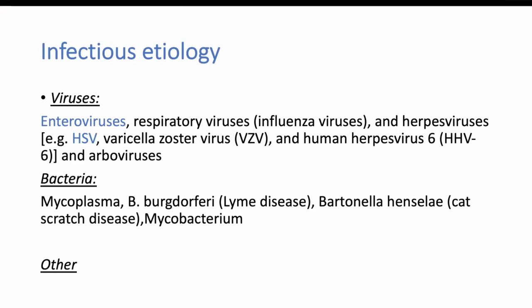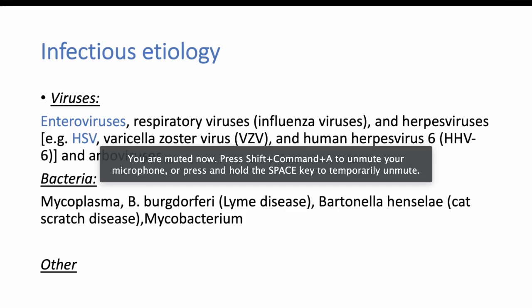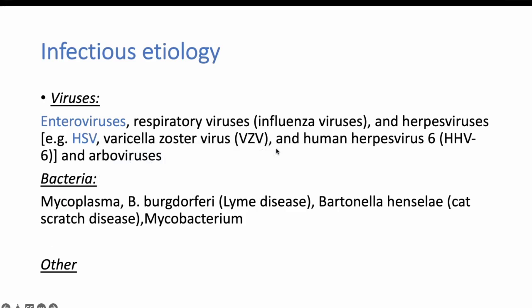When you hear herpes, so why is that? The commonest is enterovirus, but our focus is on herpes. Why is that? Because it can cause a CNS degenerative disease. It has bad mortality, and we have treatment.